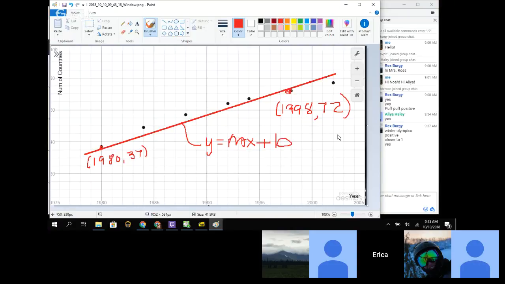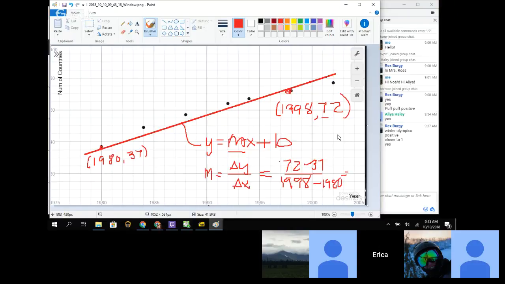How do I figure out the slope when I have 2 points? The slope is my change in y over my change in x. So I could do 72 minus 37, over 1998 minus 1980.